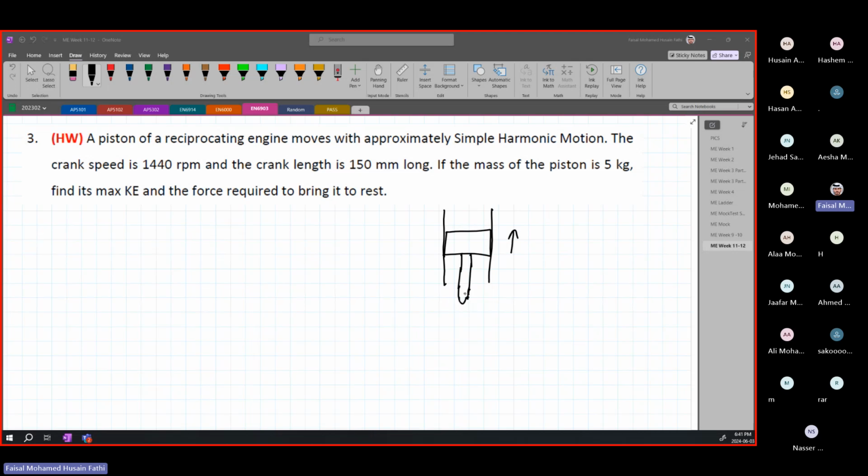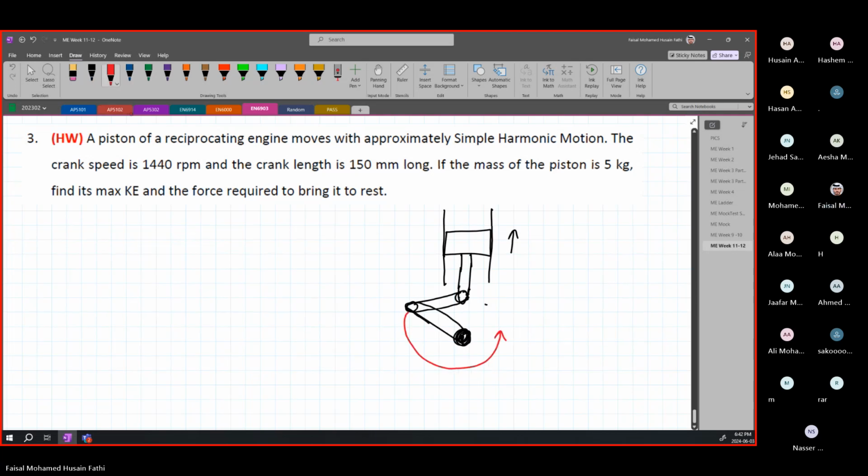Then it's going to be connected to another element over here, and then another shaft like that, and this shaft is connected to another shaft in the middle over here. It's going to look something like this, and this is the center, and this rotates around.